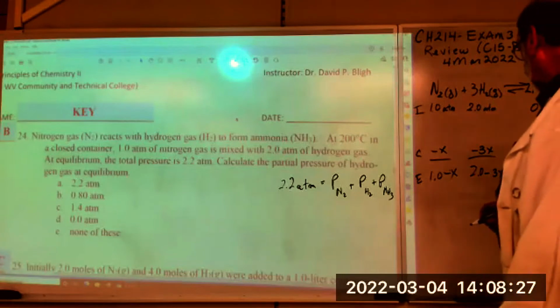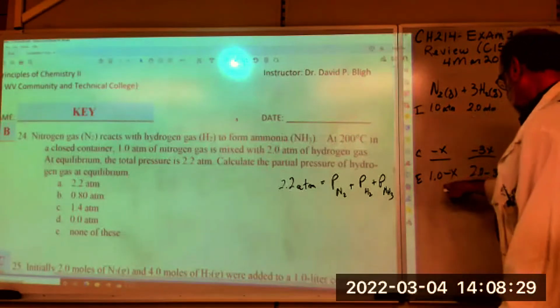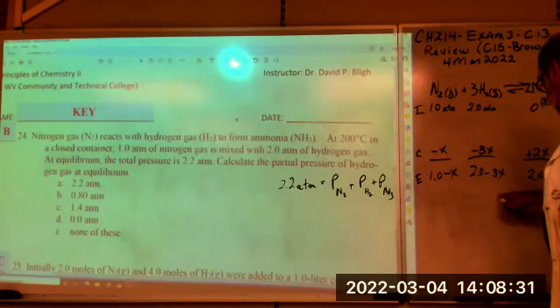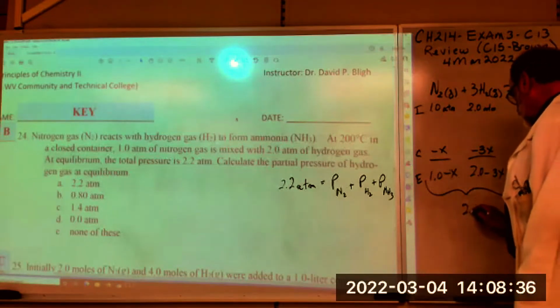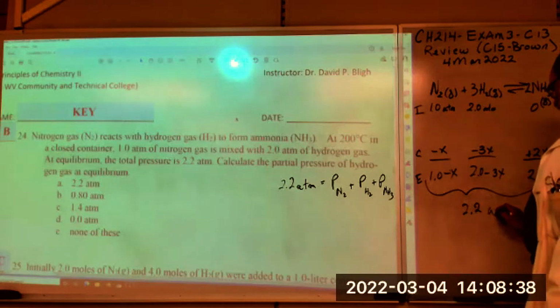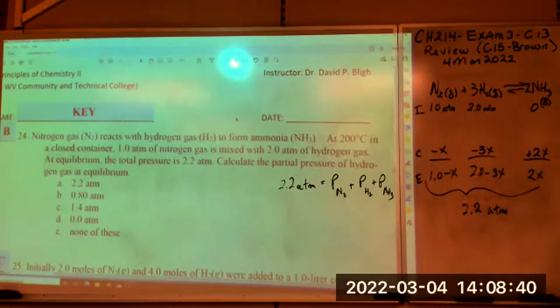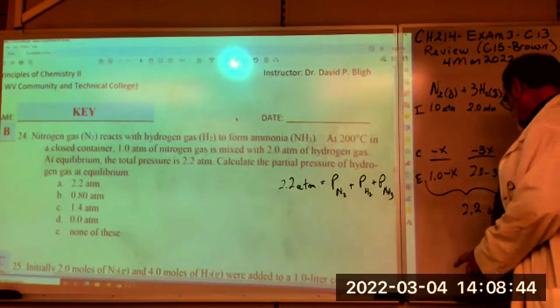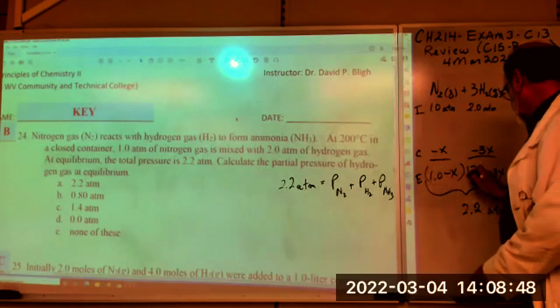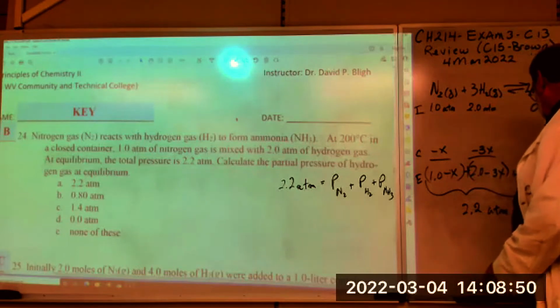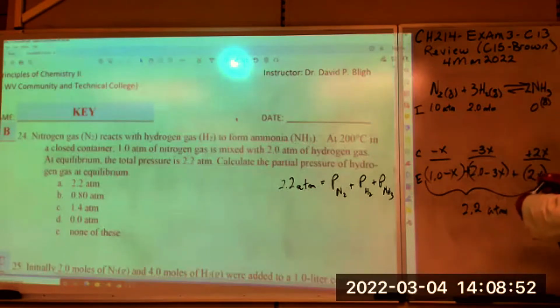Okay, and the total pressure, this one plus this one plus this one, is 2.2 atmospheres. I think we have an equation, don't you? That plus that plus that equals this.